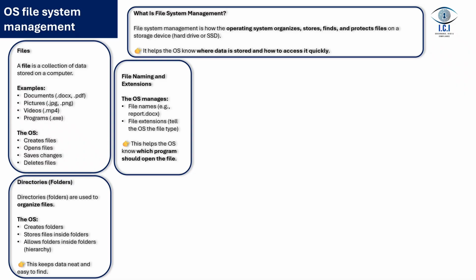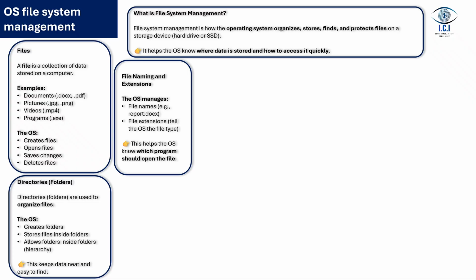When you see .pdf, it means it is a PDF file, so it's a PDF application that will open that file. When you see .docx, that means it is a Word document. That means you either use Microsoft Word to open it, or maybe Google Docs.